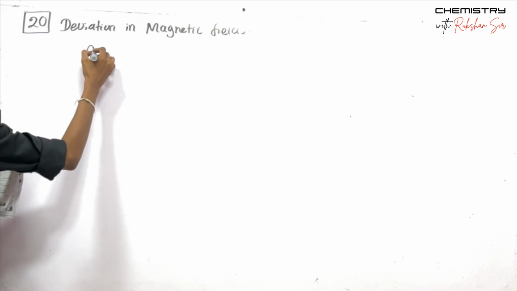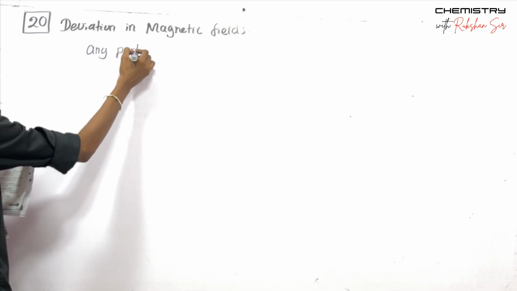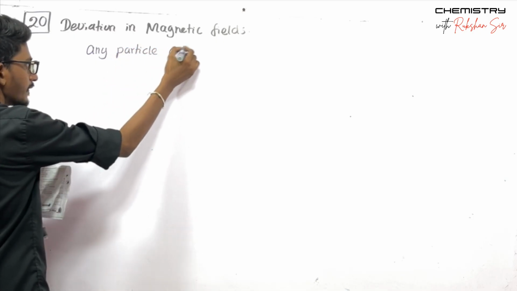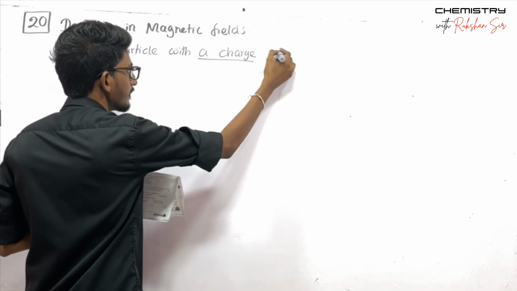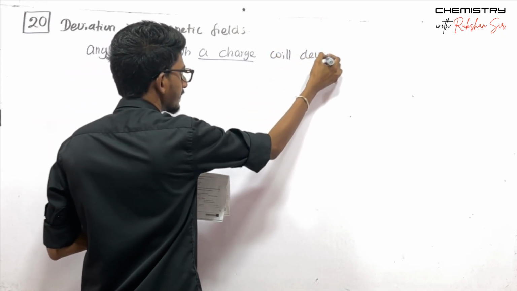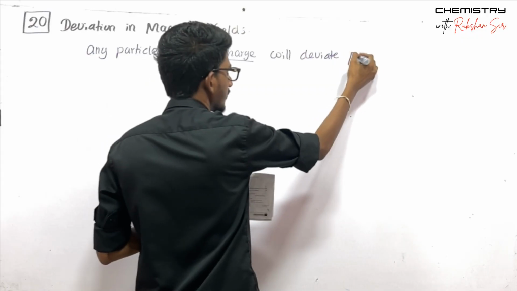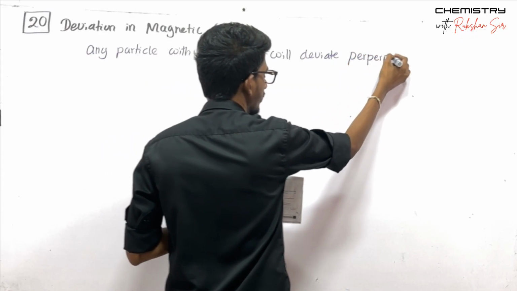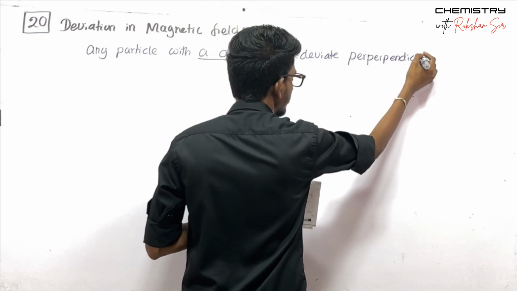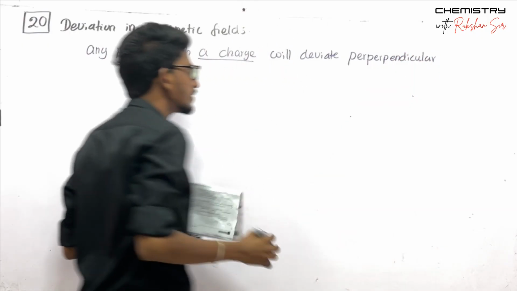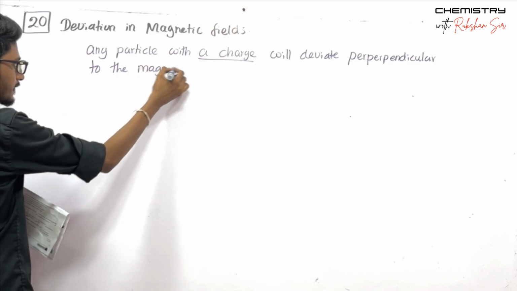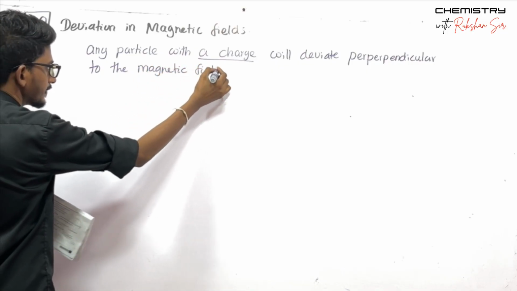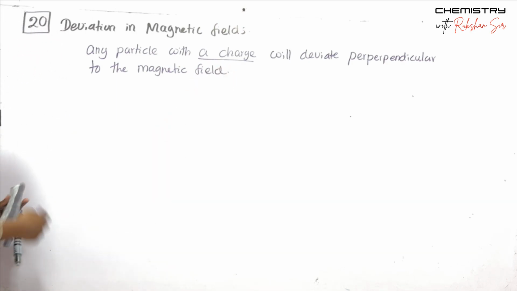So simple idea is any particle with a charge will deviate perpendicular to the magnetic field when they are traveling across the magnetic field.